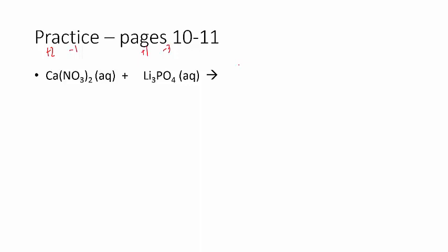So now I have to make a compound between a +2 calcium and a -3 phosphate. Remember, swap and drop. All of these are going to be ionic compounds. So that means you're always going to be looking at charges, and you're always going to be using your shortcuts, swap and drop. So that means I have a calcium, it's going to need 3, phosphate is going to need the 2.